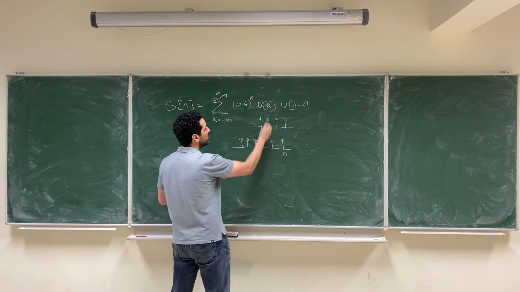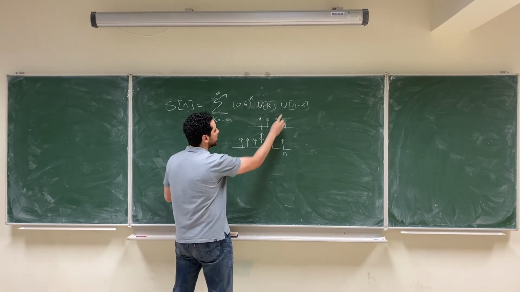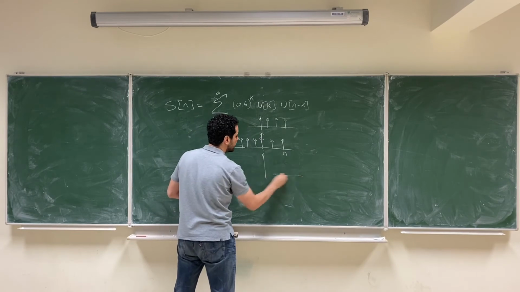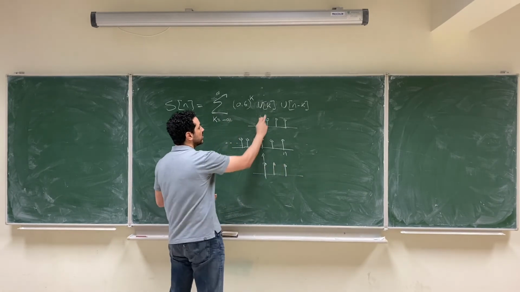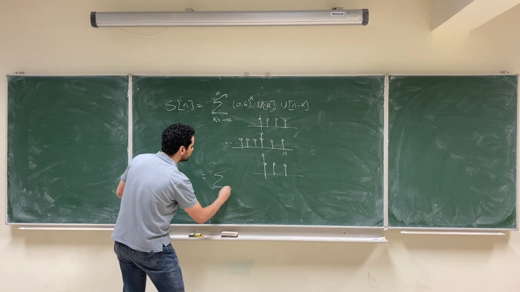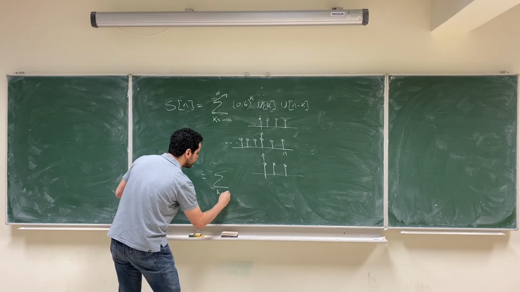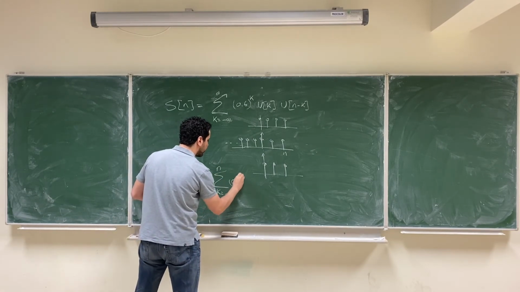Okay? And when we multiply these two unit steps, we get a product that is nonzero only between 0 and n. So the summation due to the multiplication of these two unit steps can be written as the summation from k equals 0 up to n of 0.6 to the power k.